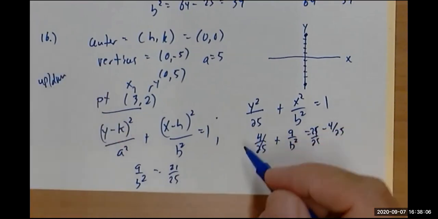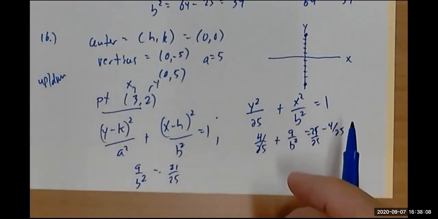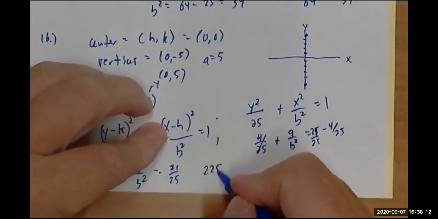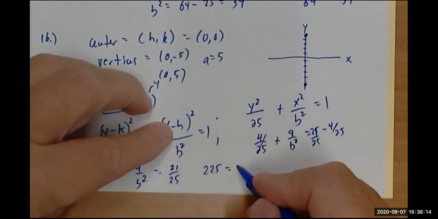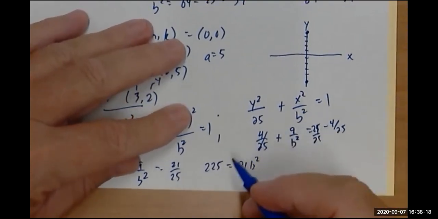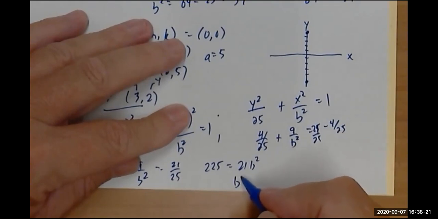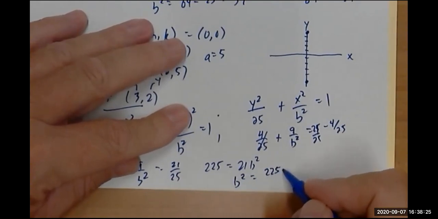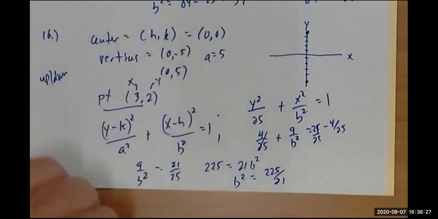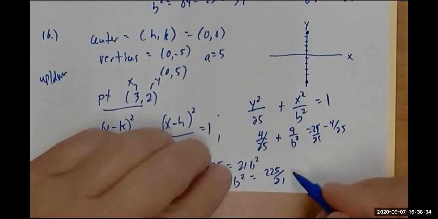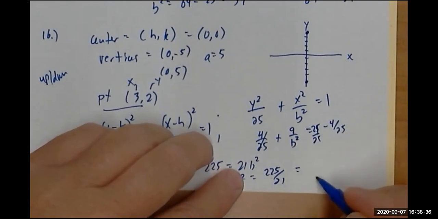So 9 times 25 is 225, equals 21b squared. So if I divide both sides by 21, I get b squared equals 225 over 21. And I think the top and the bottom, I can divide them by 3.